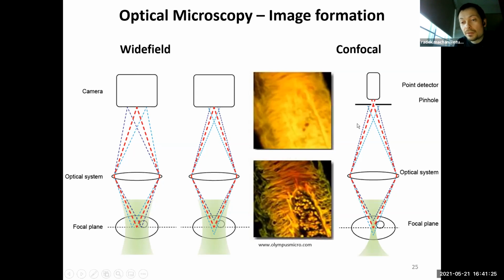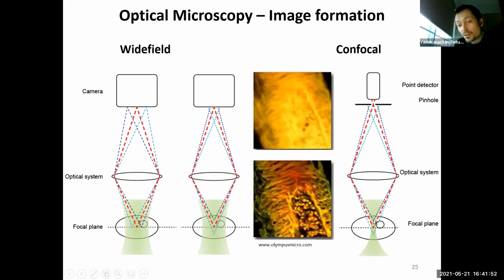One way how this can be achieved is by using a confocal microscope, which differs from the wide field microscope in one important thing, that it's using a small aperture called a confocal pinhole. And you see what happens. If I have the light which comes from the focus, that will be focused in the plane of the pinhole. So it can all go through the pinhole and reach the detector.